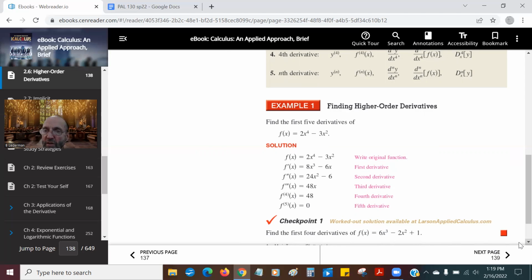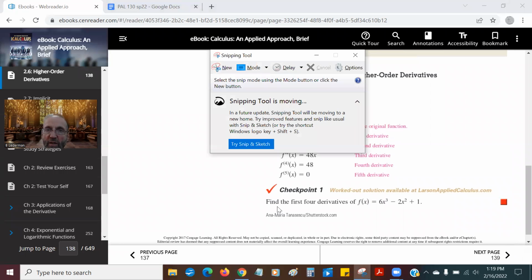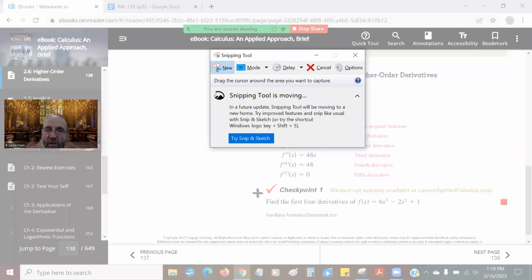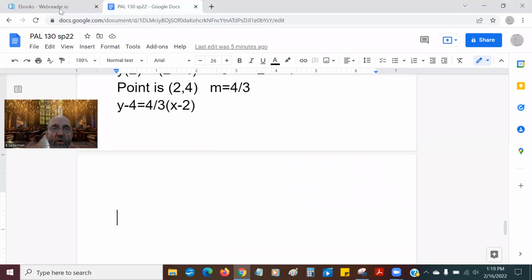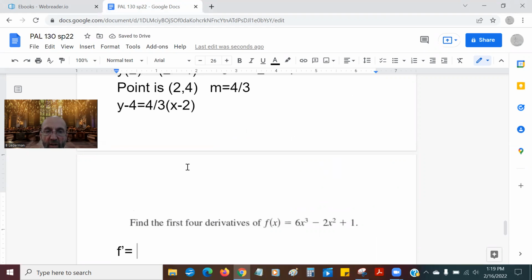Let's look at this example right here. Let's actually work this one out. So f prime is going to be 3 times 6, that's going to be 18x squared, minus 4x, and that's it.